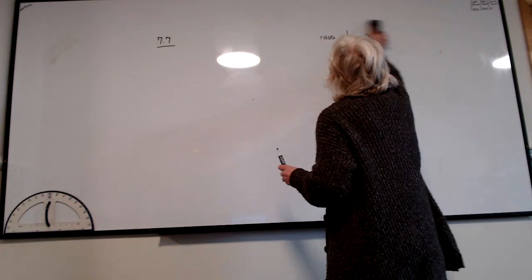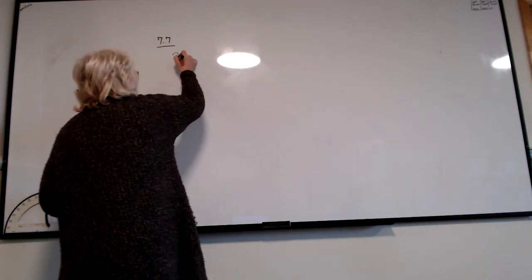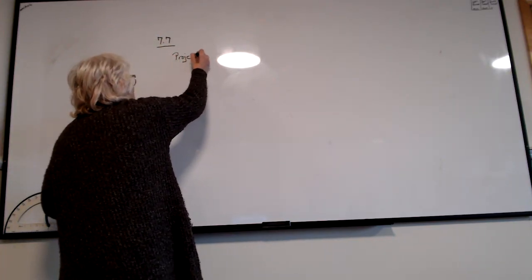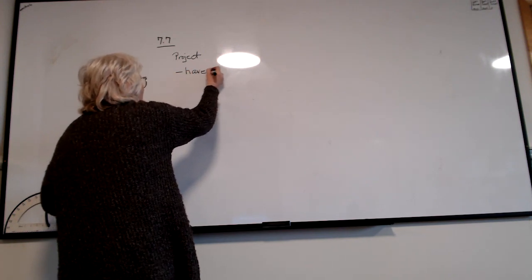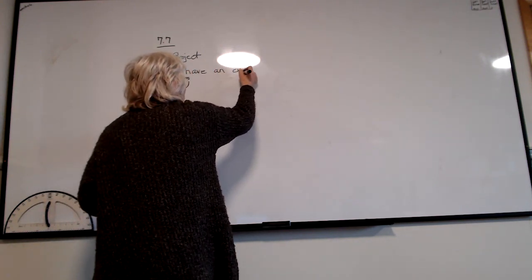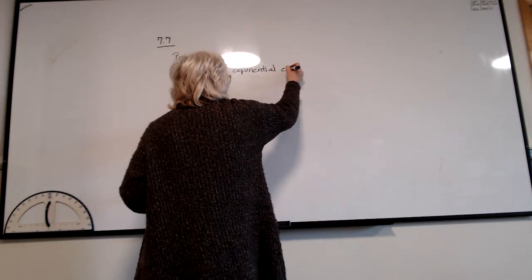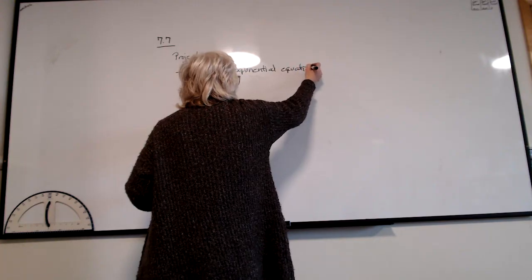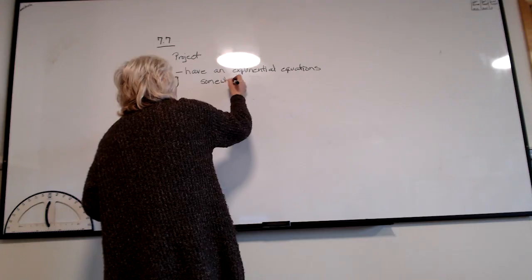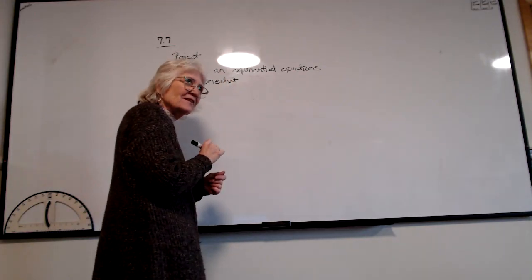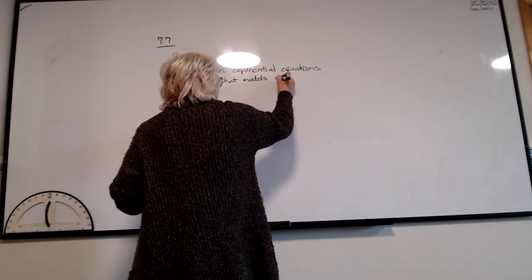So you have right now in your project, at this point you should have an exponential equation that somewhat models your data, depending on, some people's will be better than others.